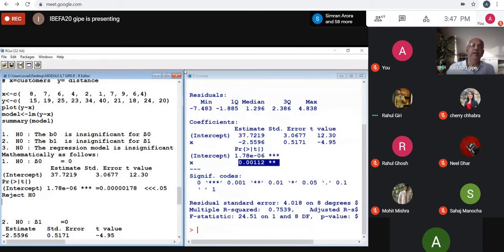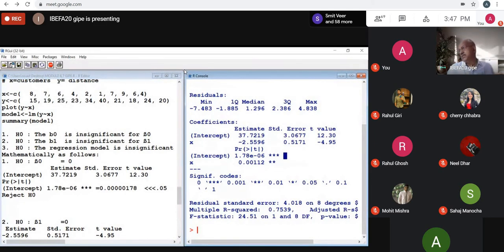This is regression analysis. In the class, what happened was just the LM model, finished.